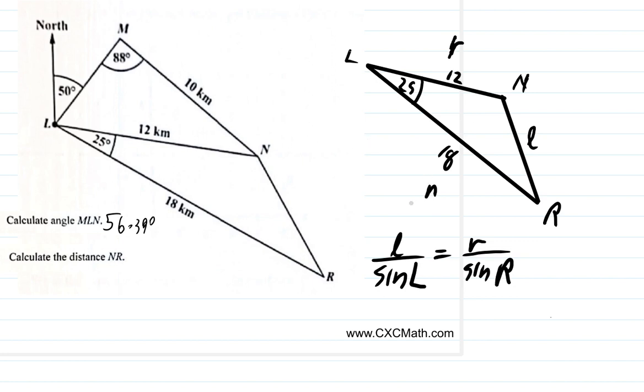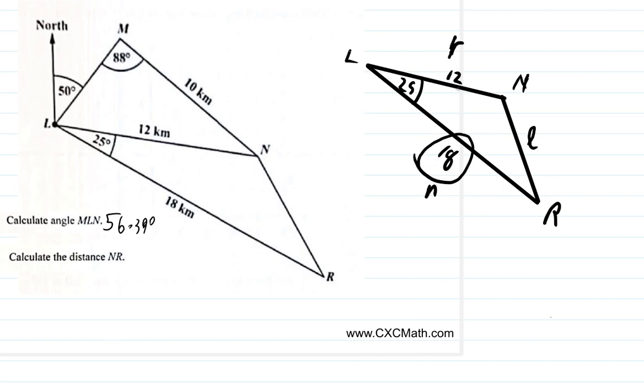Alright. I notice you wouldn't be able to use the sine rule in this case. So use the cosine rule. Let's try the cosine rule. In fact, anytime you have two sides and the angle between them, the sine rule would not work. It's the cosine rule you'd have to use.